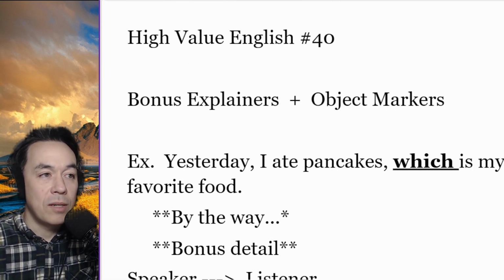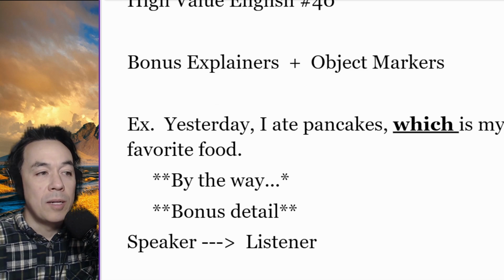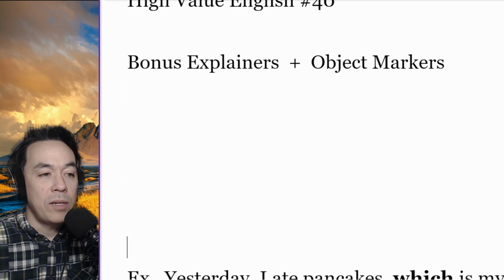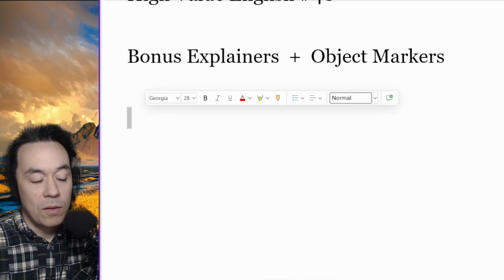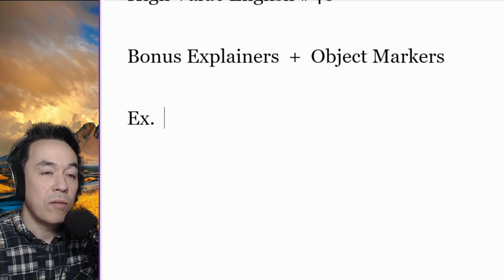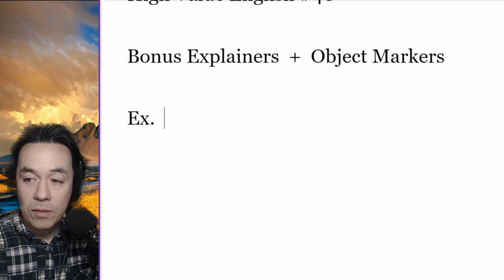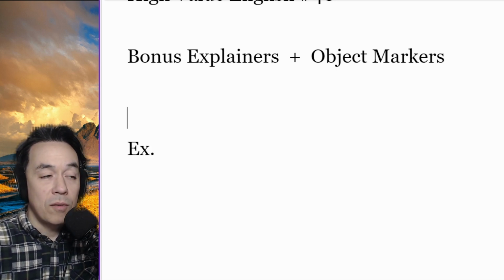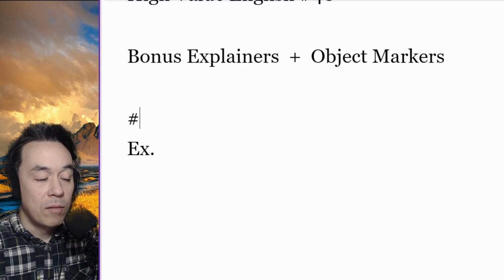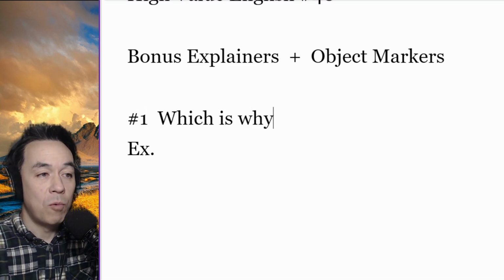Now, I would say this is a little bit different. I have examples here, so let's just go to the examples. The first one is number one, which is why.